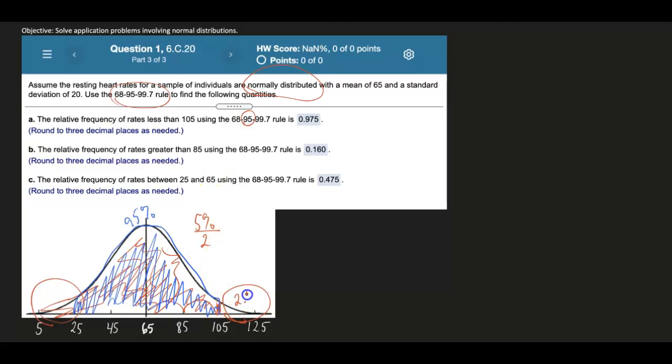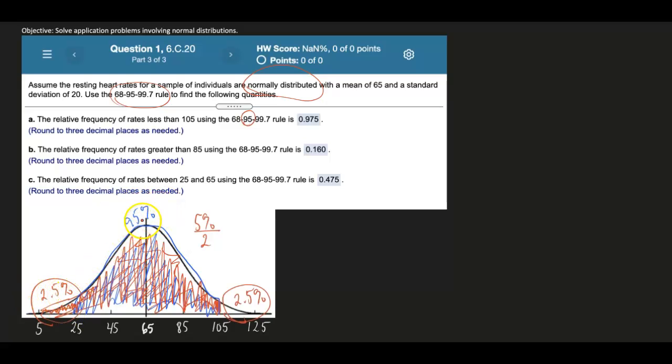So this tail on the right side would be 2.5%. This tail on the left side would be 2.5%. And ultimately, what I was asked to find was everything less than 105. So again, that was all of this region, the 95%, and this region, the 2.5%.